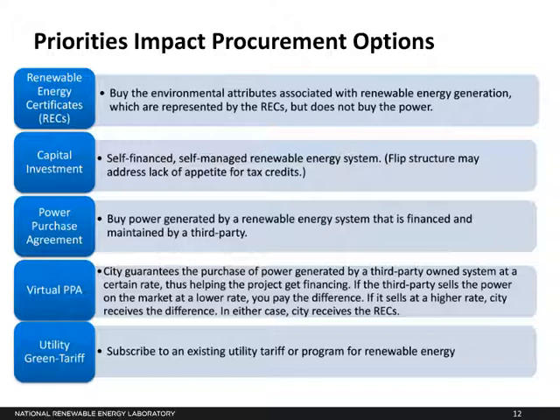Of course, it would be wise to have that discussion about your priorities with your potential providers. For example, if you're considering entering into a PPA with a third party and your highest priority was to support local labor and use nationally sourced components, then you might want to discuss these topics with your provider early on.